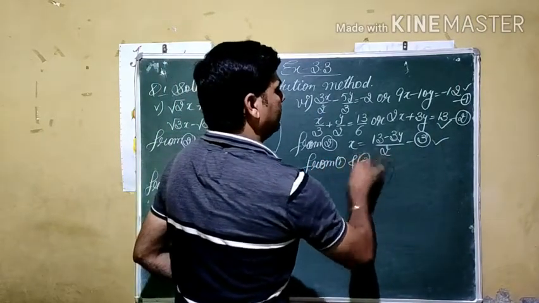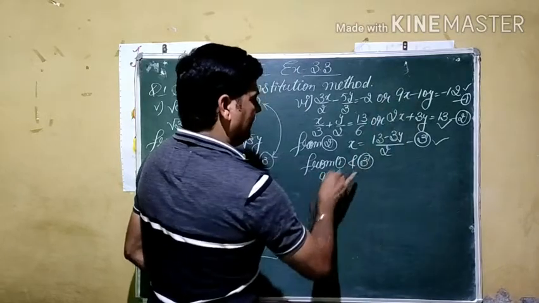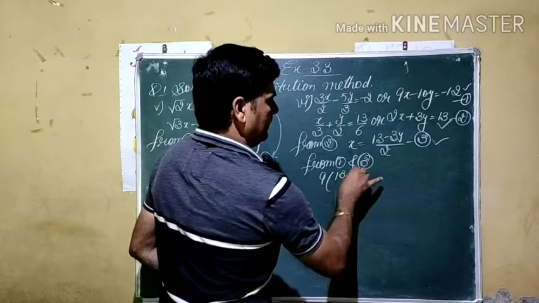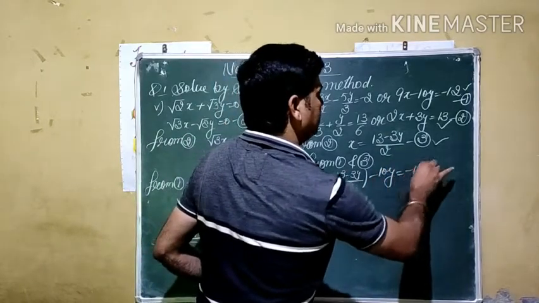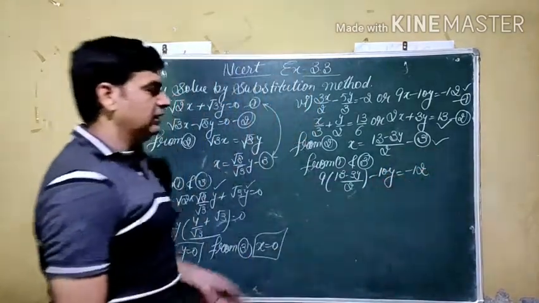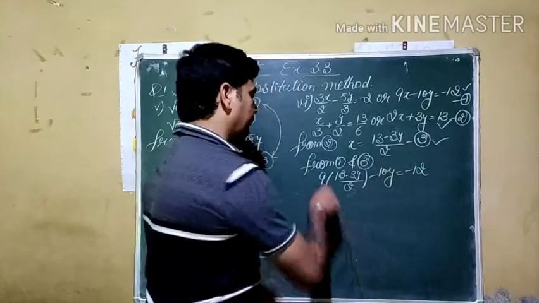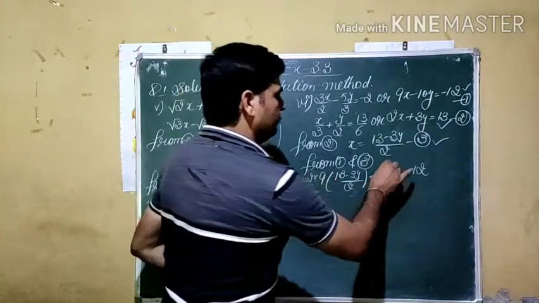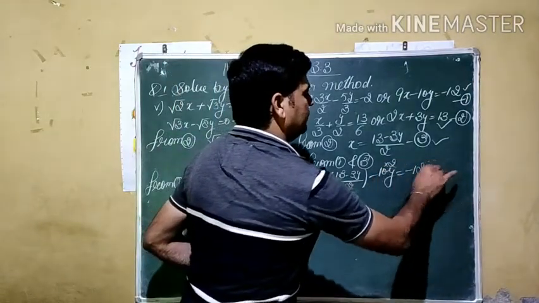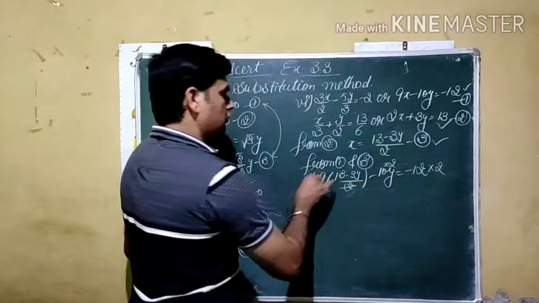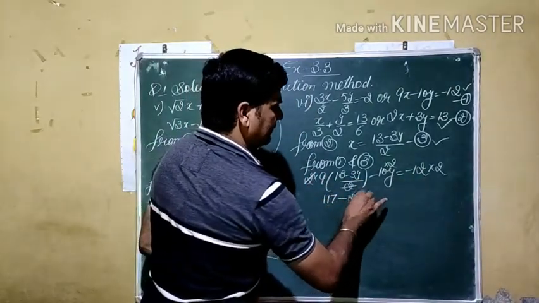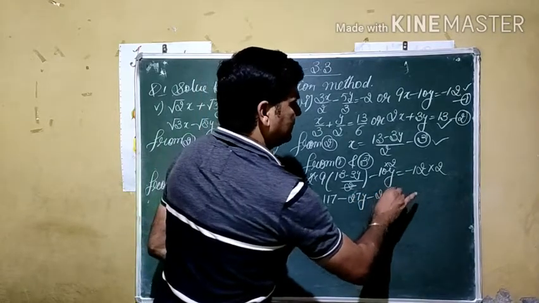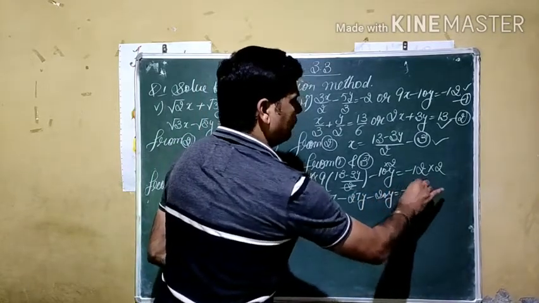We get from here 9 times the value of x minus 10 times y is equal to minus 12. Removing the fraction, we multiply each term by 2. The 2 cancels out, bracket open, 9 times 13 is 117, 9 times 3 is 27, minus 20y is equal to minus 24.